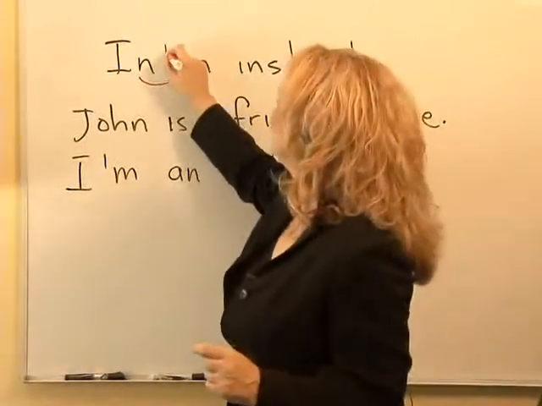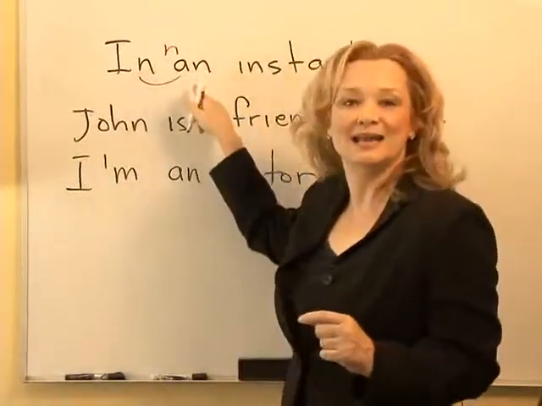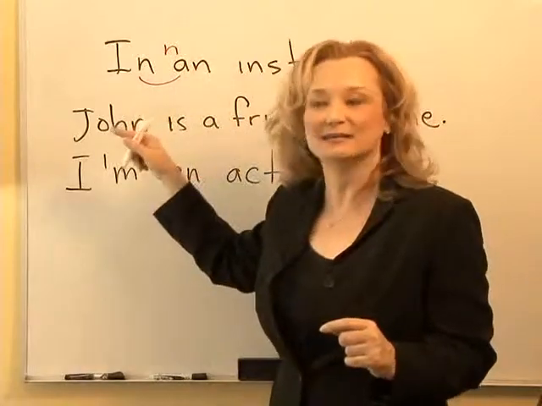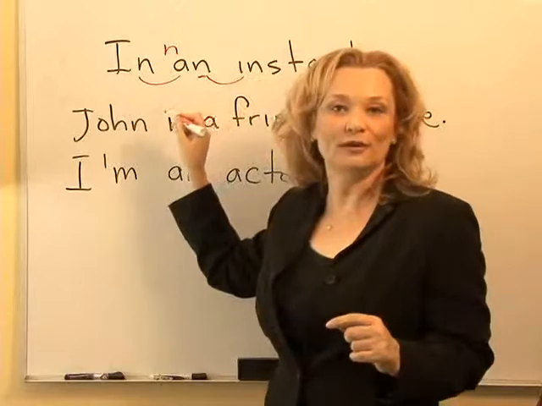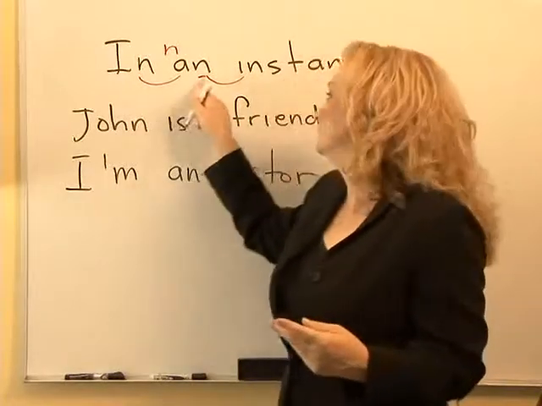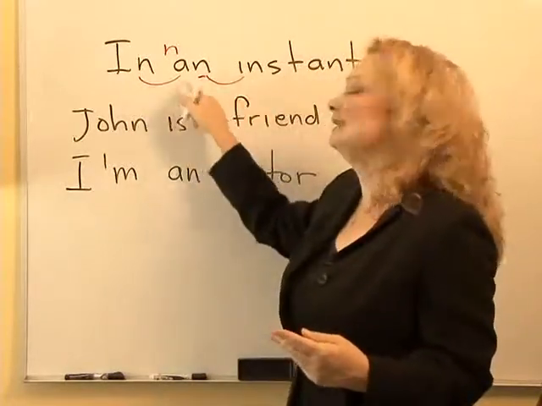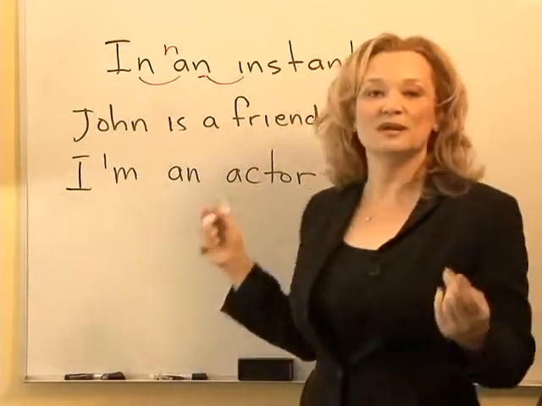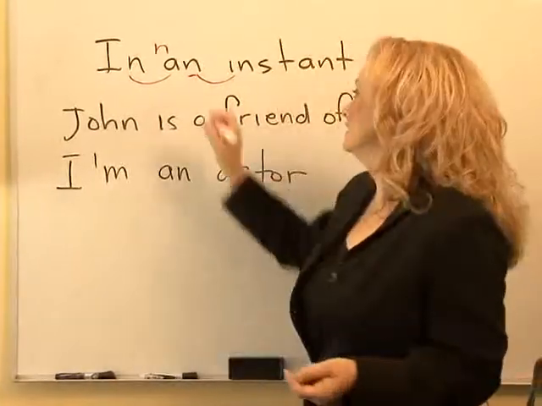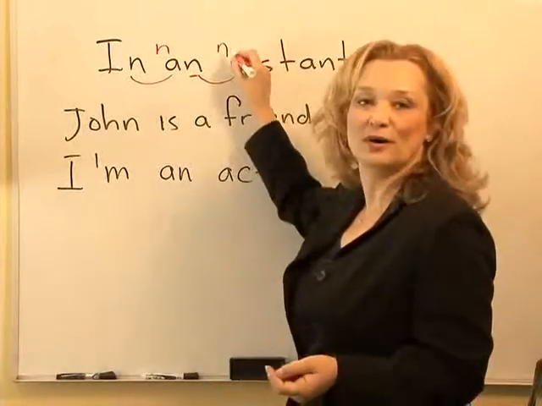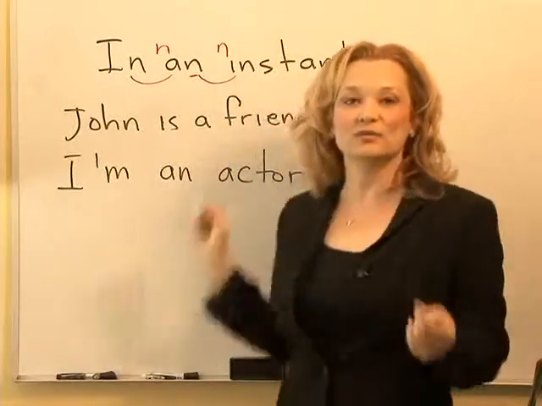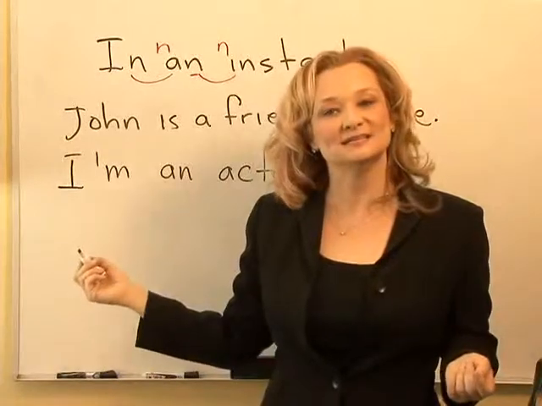So it's kind of like this N is over here, and this N is connected to the following vowel, I. Ninstant, in an instant. Repeat after me, in an instant. One more time, in an instant.